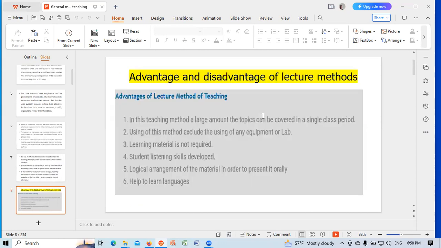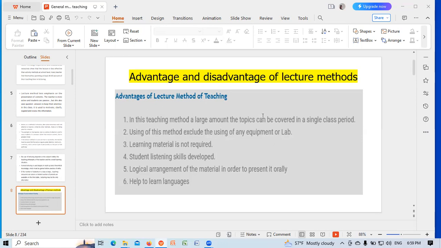Now, the advantages and some disadvantages of the lecture method. First of all, I am discussing the advantages of the lecture method of teaching. In this teaching method, a large amount of topic can be covered in a single class period. This method excludes the use of any equipment or lab.